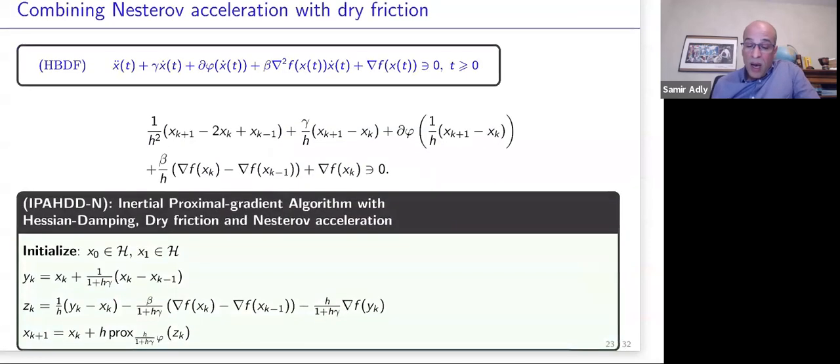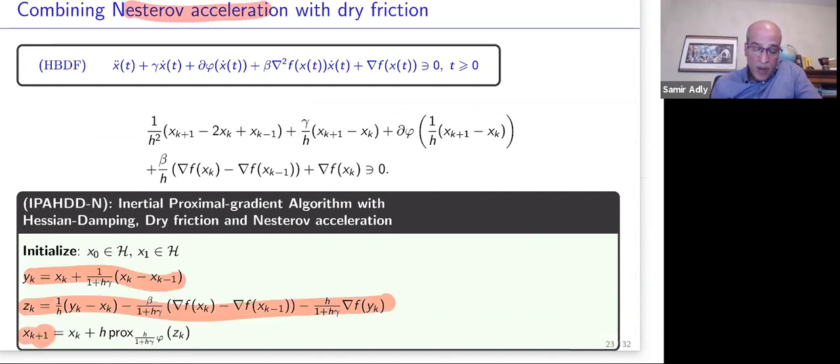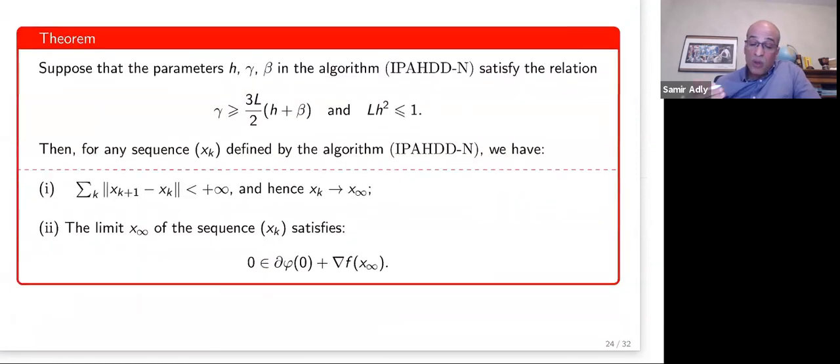Now we will combine all this with the Nesterov acceleration of the algorithm. We have this yk that you see. yk is given by this. You compute this zk, and we have xk plus 1, which is exactly xk plus h times the prox at zk. Now we get the same results.